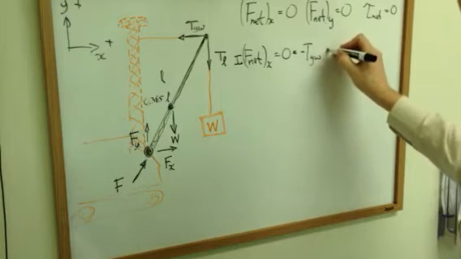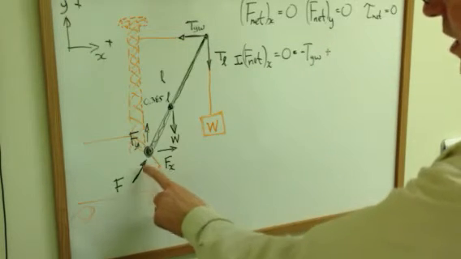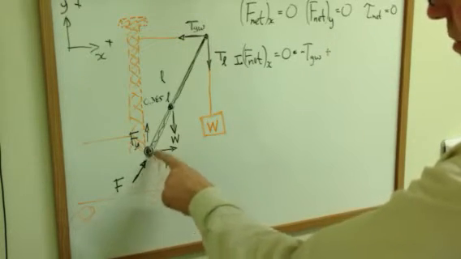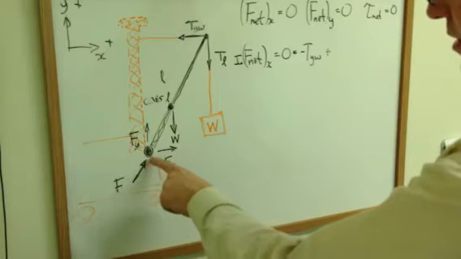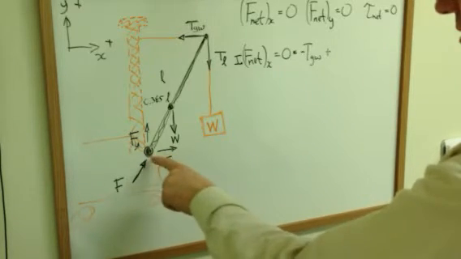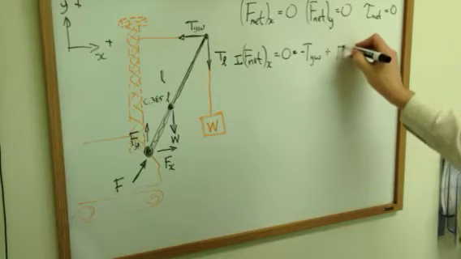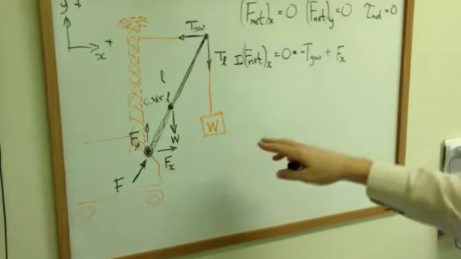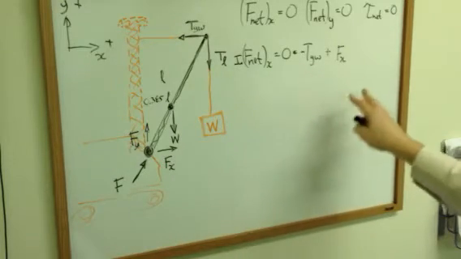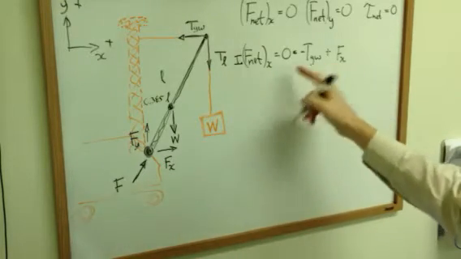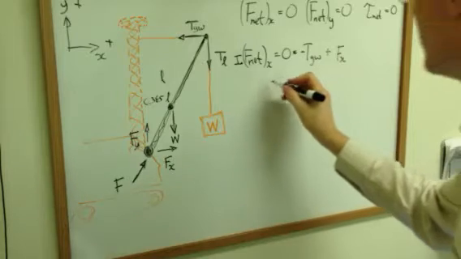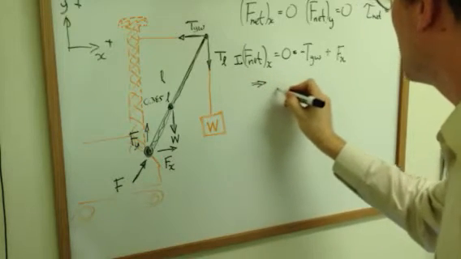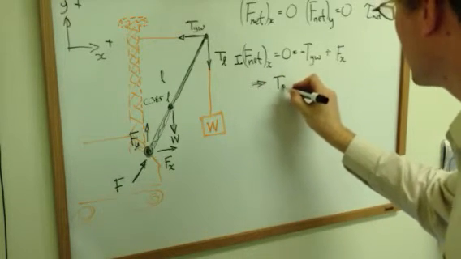it's being balanced by a force down here at the pivot, which certainly has a horizontal component, which I'll call force X. Now, I don't know what either of these forces are, but I do know they add up to 0, so they must be equal and opposite.